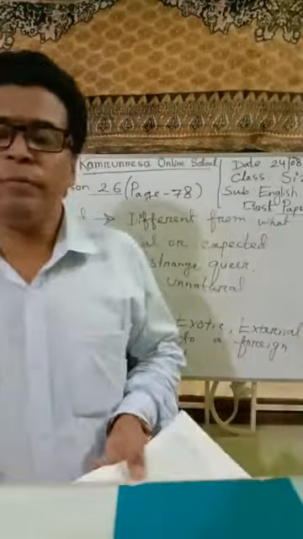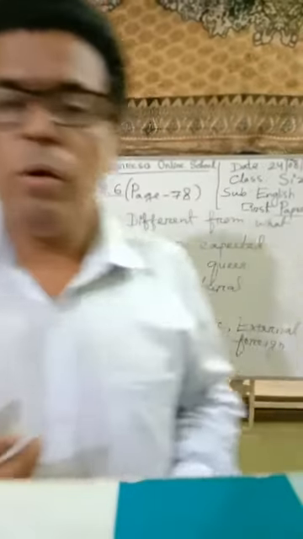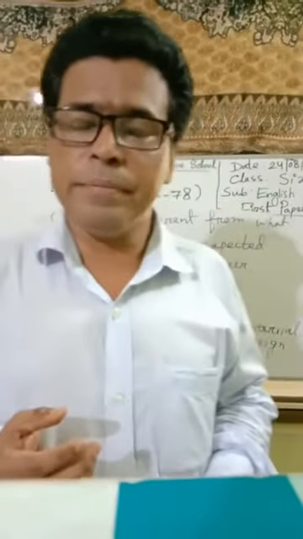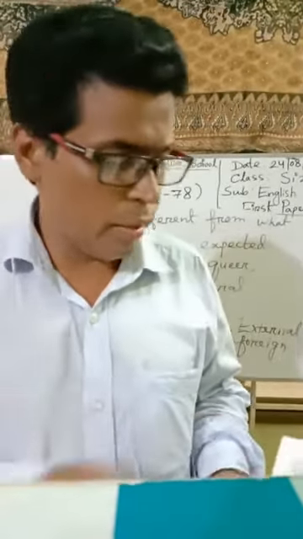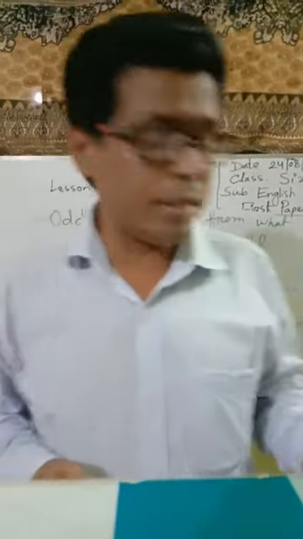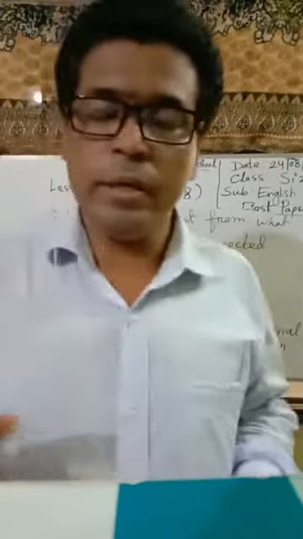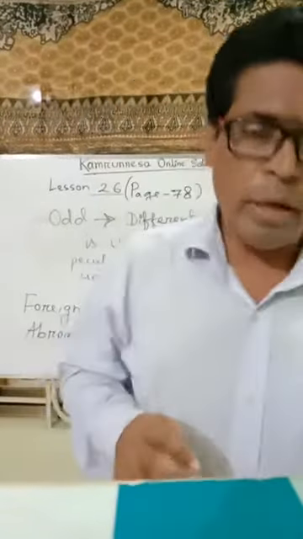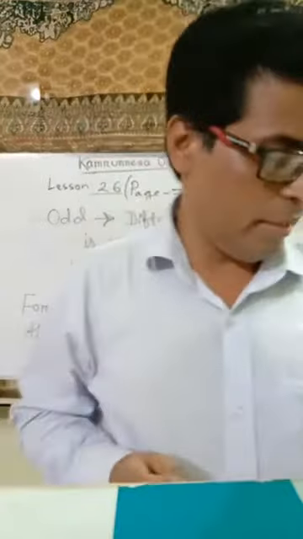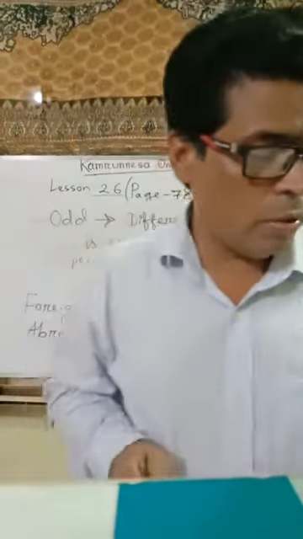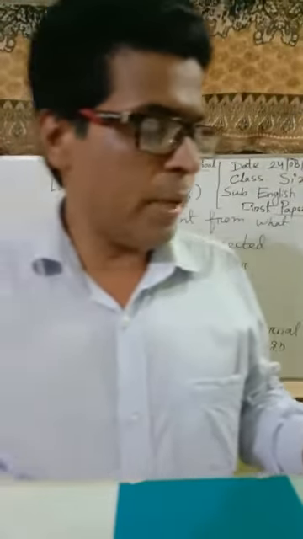That means in foreign countries or abroad. What are the reasons that people like Bangladeshi workers? And second, do you know what countries they work in? You have to mention the names of these countries.